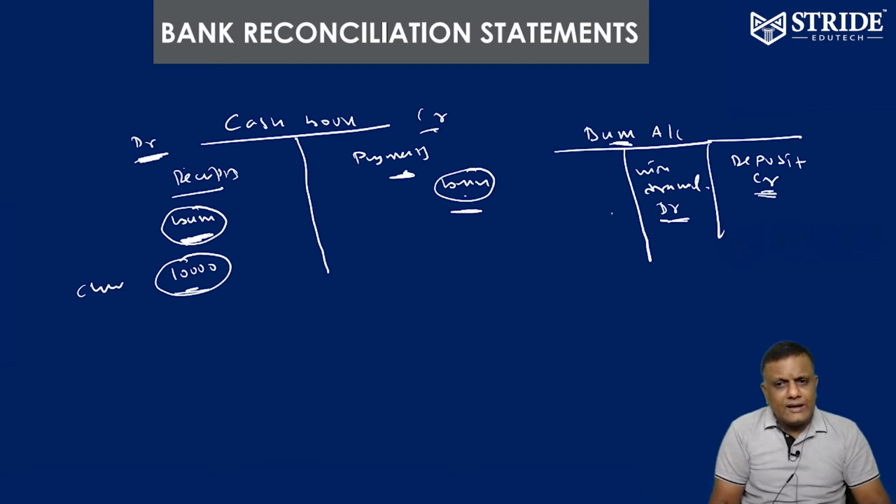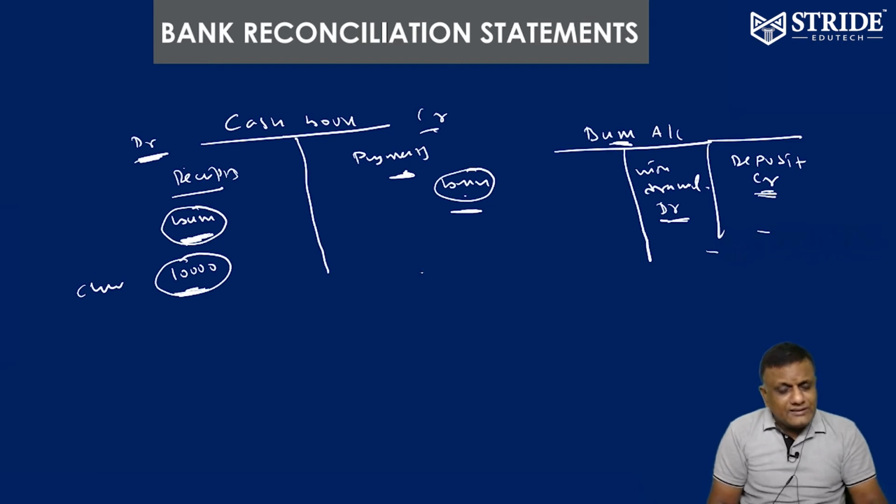So as on date, our cash book shows more cash and our passbook shows less cash. Once the check is received, I debit the bank account in my cash book, but the money is not yet credited in the bank account. This is one of the reasons.